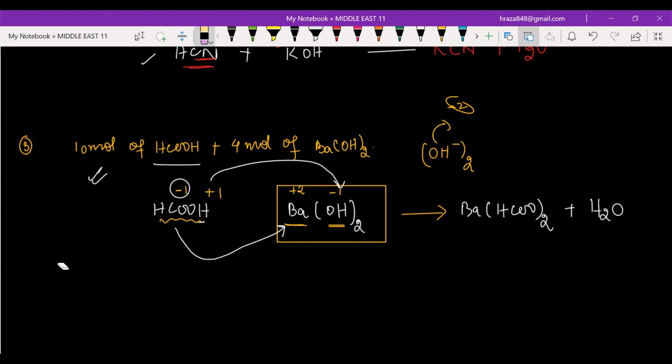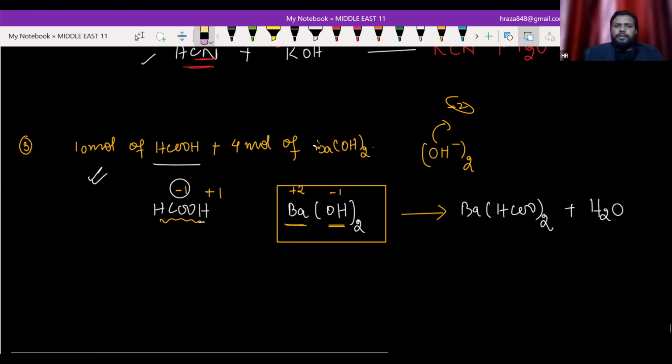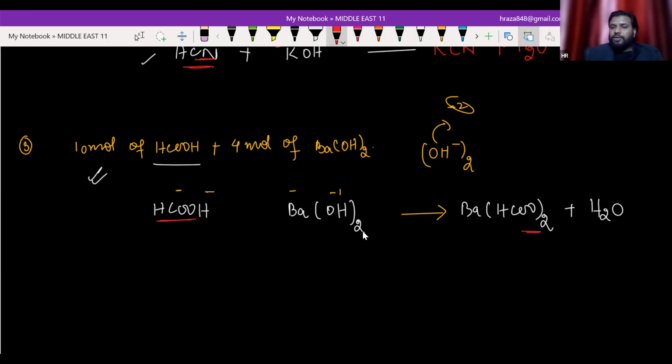Is there any problem now? No, sir. Now see, the main thing is that you have to balance the equation. If you are balancing the equation, you will see HCOO is twice here, so you have to put 2 here. Now 2 mole of this will combine with 1 mole of this, or 1 mole of this will combine with 2 mole of this.